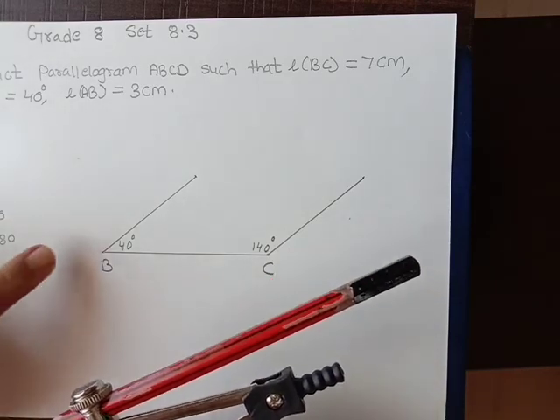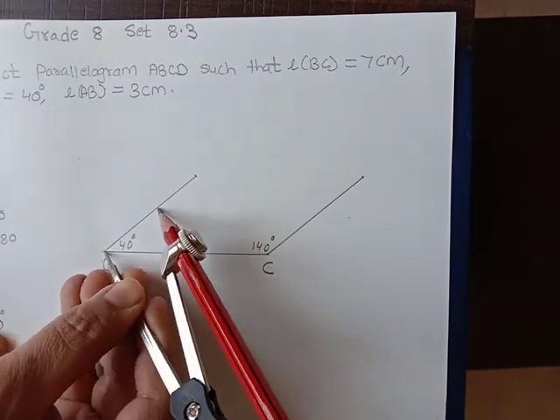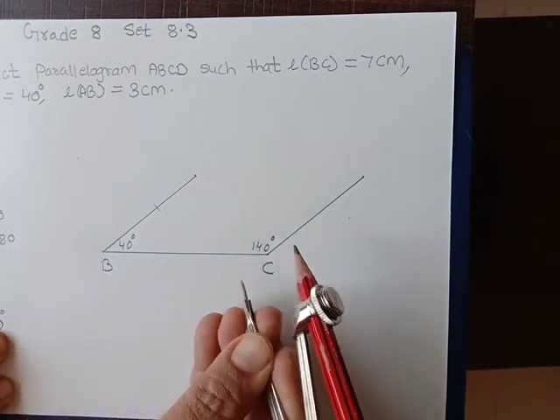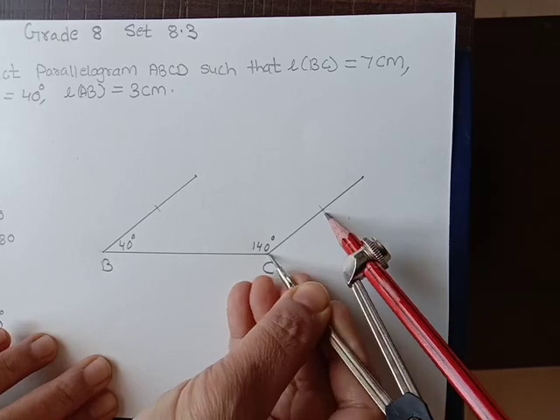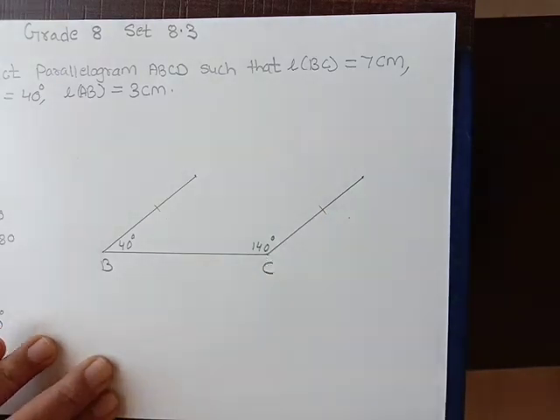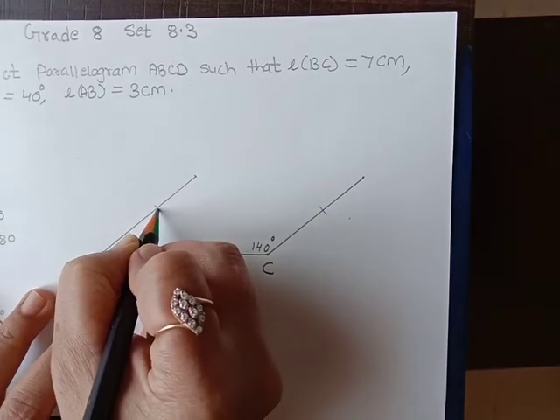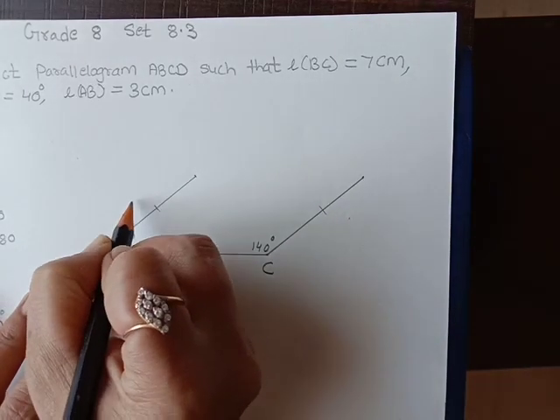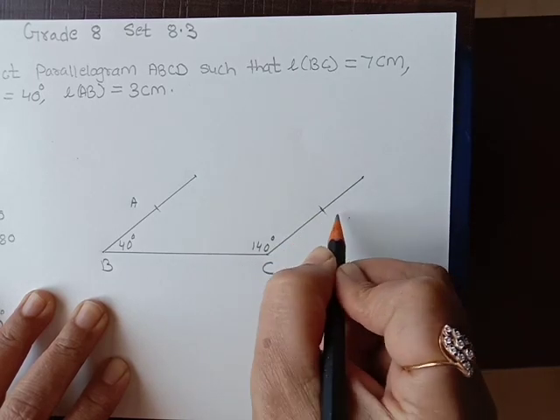And now B to A is 3, so I'm going to put it over here and make an arc like this. So where I'm cutting, that is point A. And C to D, opposite sides are equal, so this is also 3 centimeters. Got it? So we got 2 points. This point where it has cut is nothing but A, and this point where it has cut is nothing but D.